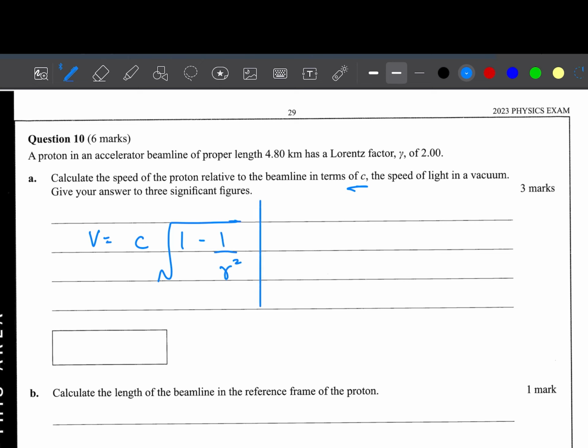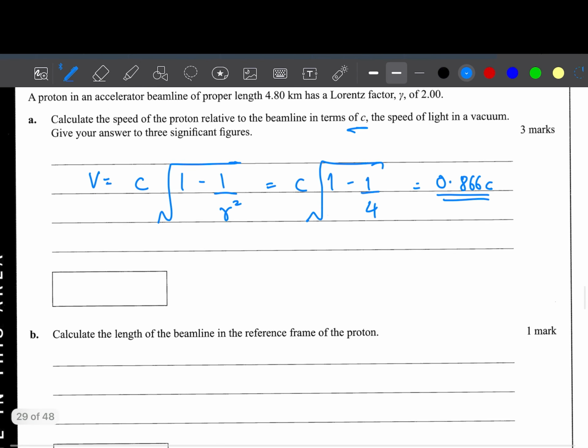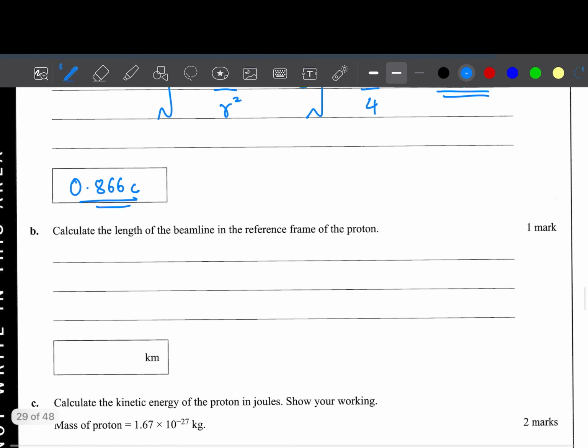So that would just mean c times the square root of 1 minus 1 on 2 squared, so 4. I'm just going to calculate this first and then times it by c, so 1 minus 1 on 4. So I get 0.866c. So 0.866c is going to be our answer.